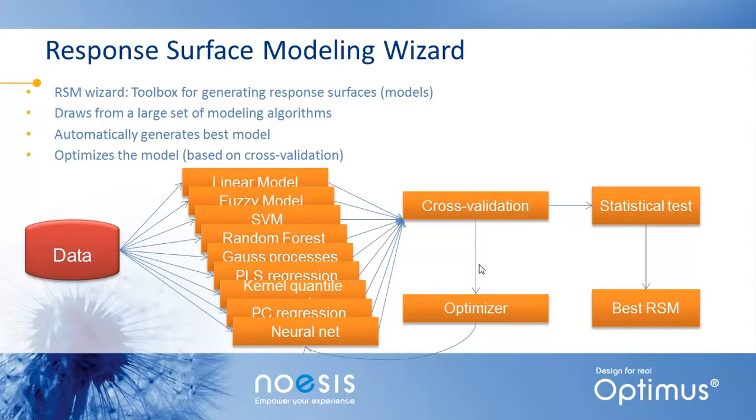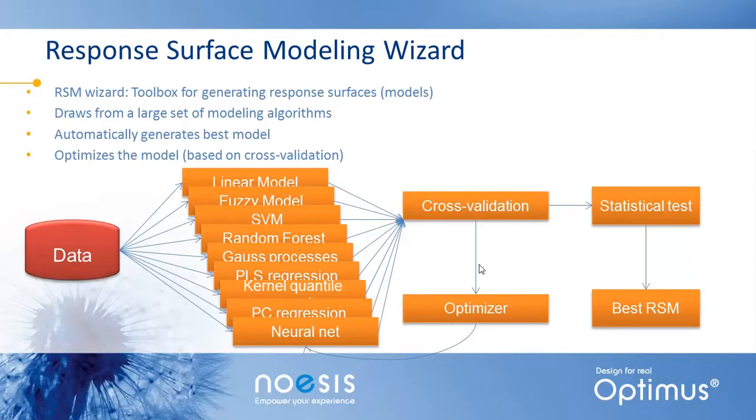So after this initial design of experiments, we have done 100 discrete runs of the WAVE model. And what we want to do now is fit a response surface model, or a mathematical representation, through these points in order to have a continuous model.